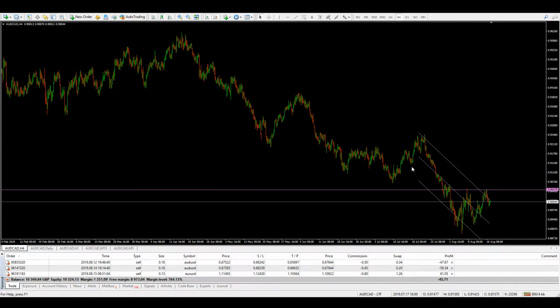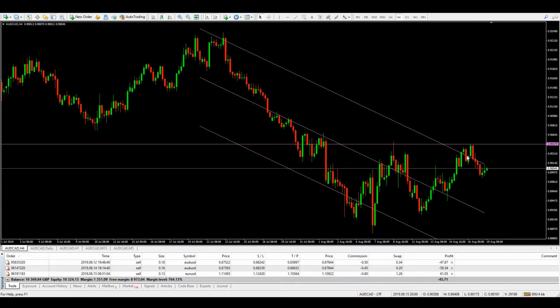Now, based on the price action, the thing that concerns me slightly about the 4 hourly, let's see how this.